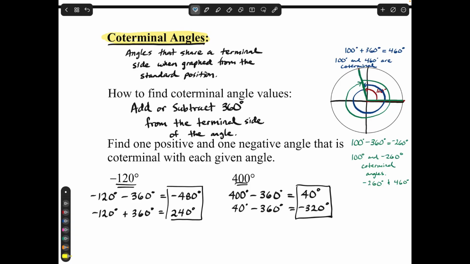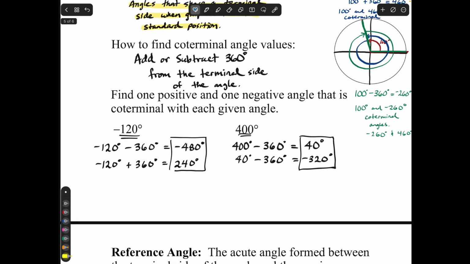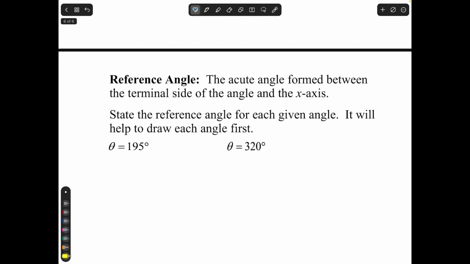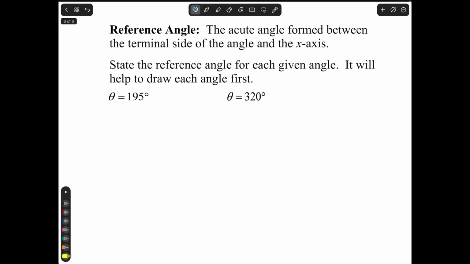All right, so let's go on here. A little bit more terminology that we want to make sure that we talk about. Reference angles. Reference angles are the acute angle. Remember, acute meaning less than 90 degrees.